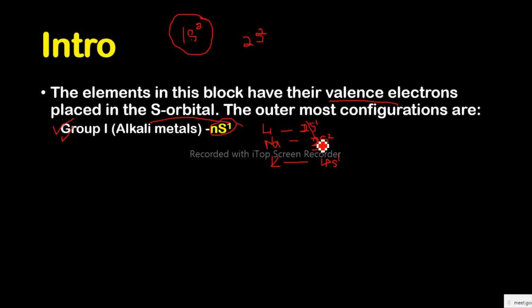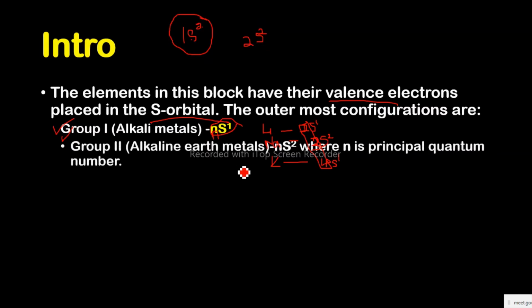To summarize this, we write ns, where n is the principal quantum number. Then group 2, or you can call them the alkaline earth metals, have this as their outermost configuration. It can be 2s2, 3s2, 4s2 for calcium, and so on.